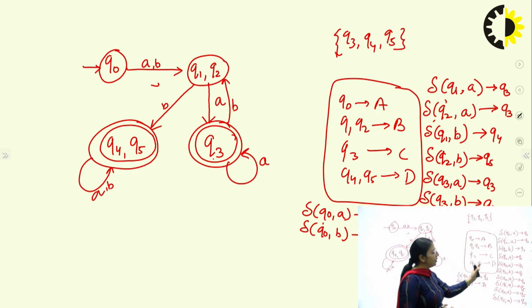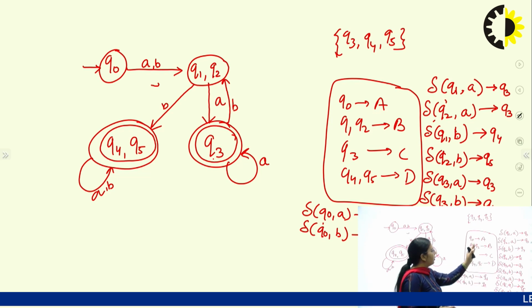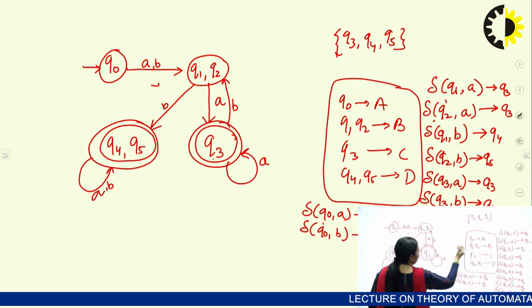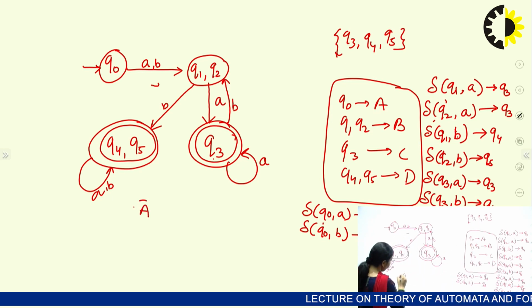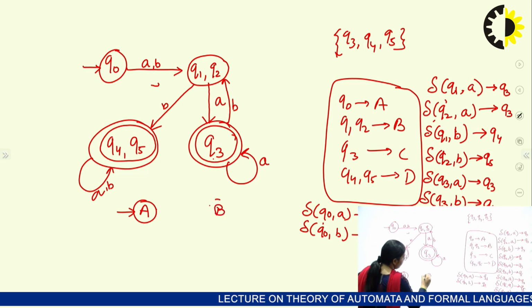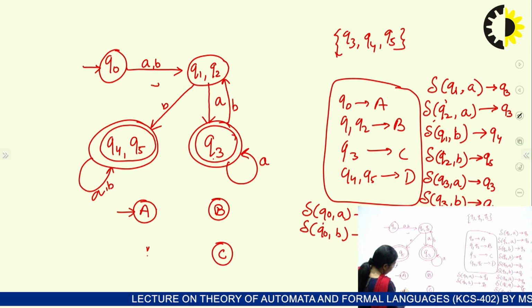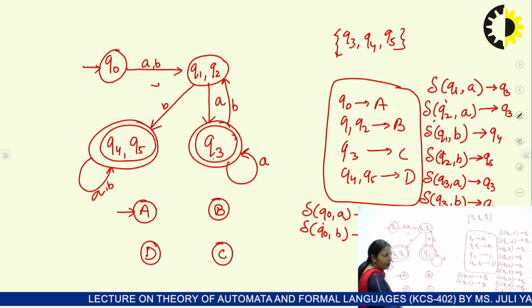We can represent it by using other notations, like if we are making a minimized DFA using these notations A, B, we have marked A as the initial state, and then B as Q1, Q2, C as Q3, and D as Q4 and Q5.